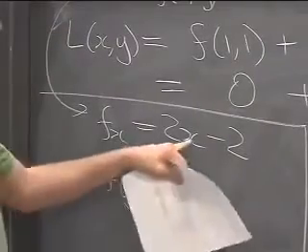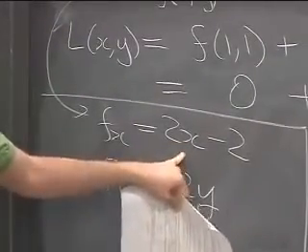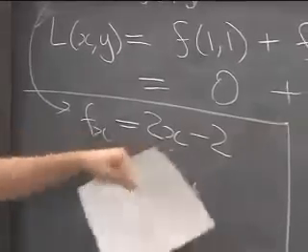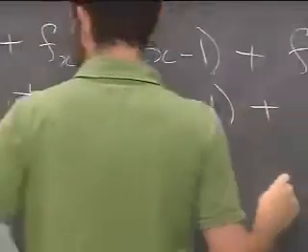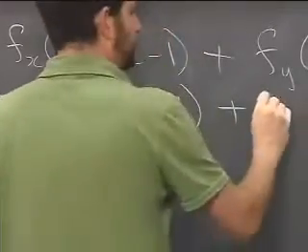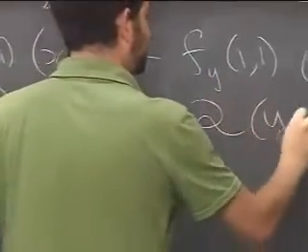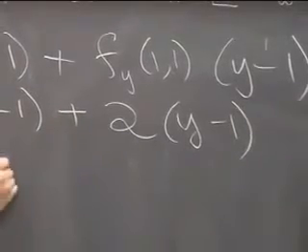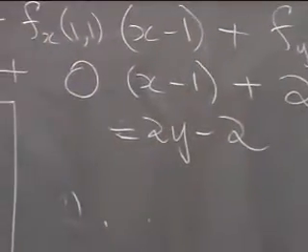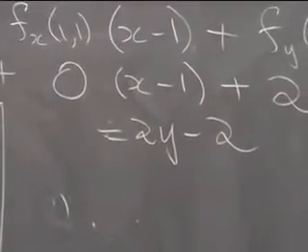But anyway, if I plug in 1, 1, y value doesn't even matter, but the x value is 1, so we get 0. Whereas the y derivative is 2 times 1. So the linearization is pretty lame. It's just 2y minus 2. Doesn't have any x dependence. So that's all the problem asks.